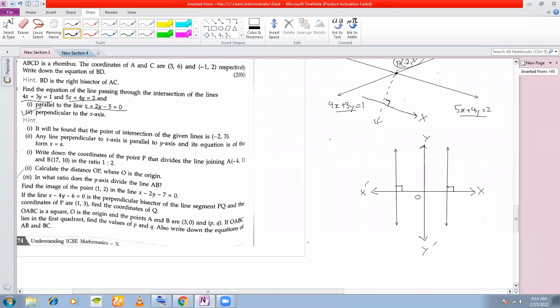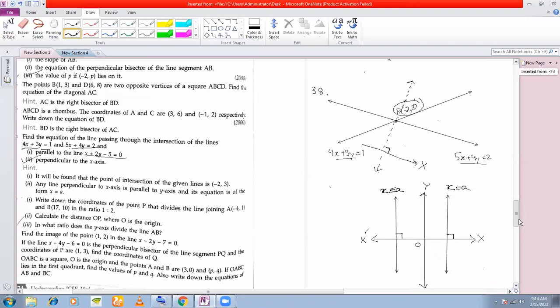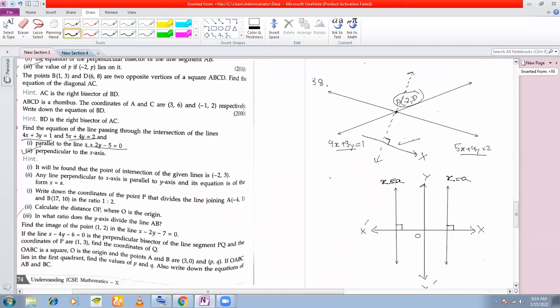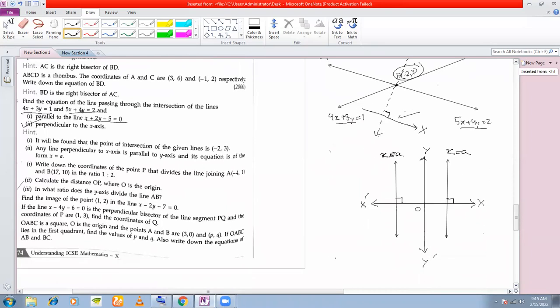Equation of any straight line parallel to the y-axis must be of the form x is equal to a, isn't it? The first standard form that we did, right? So therefore, the equation of this dotted line must be of the form x is equal to a, right?